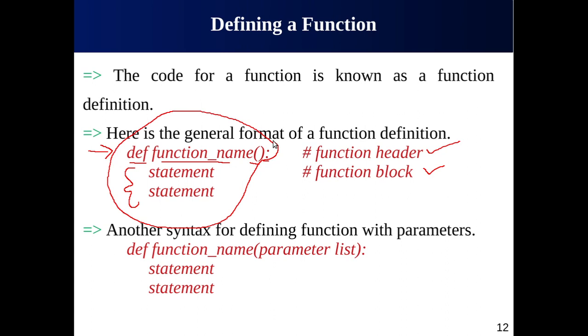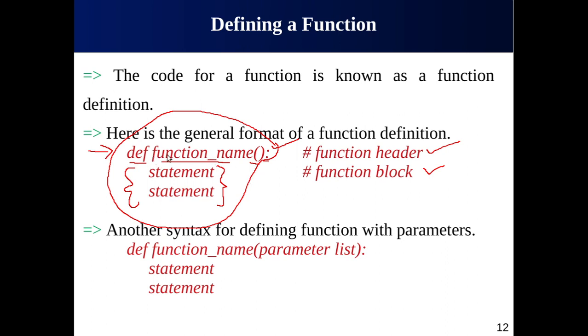And this function definition has two subparts: the body, also known as the block, and the function header. These two subparts combine to make a function definition. And that is the general syntax. And this is for the void function, the function that cannot return a value.